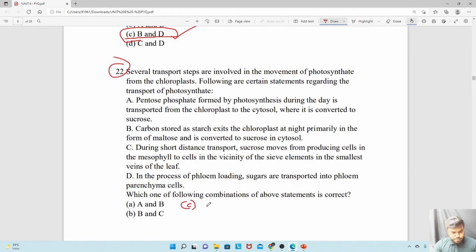Option C and D. Option D, A and D. Slowly, friends, think and answer. Slowly think it. Come on, be active.